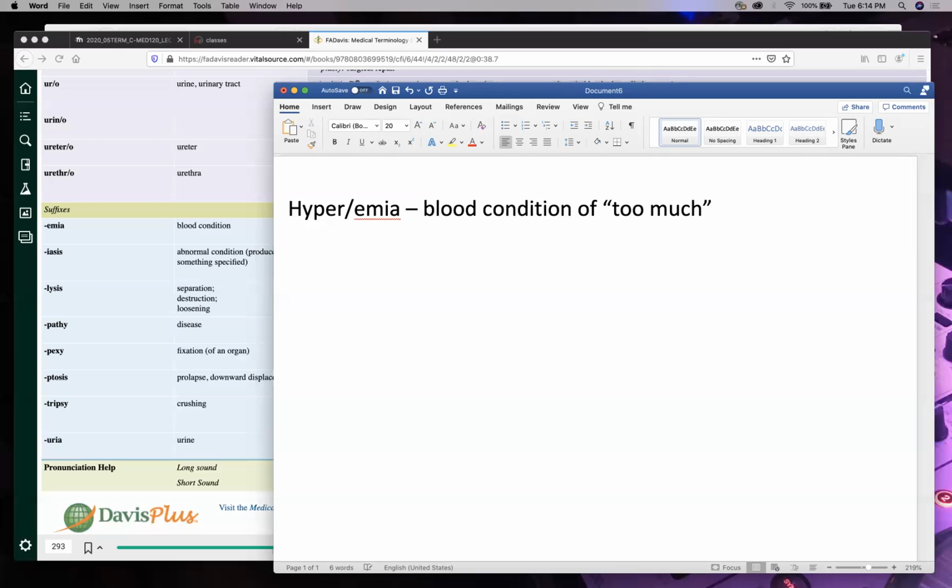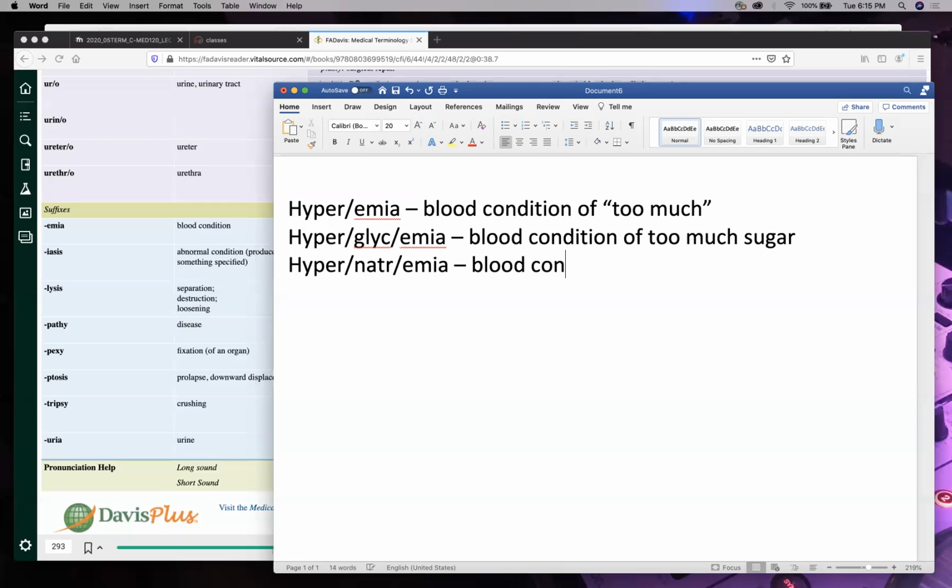You can have, what's another emia? Hyperglycemia. That is blood condition of too much sugar. I could have hypernatremia.